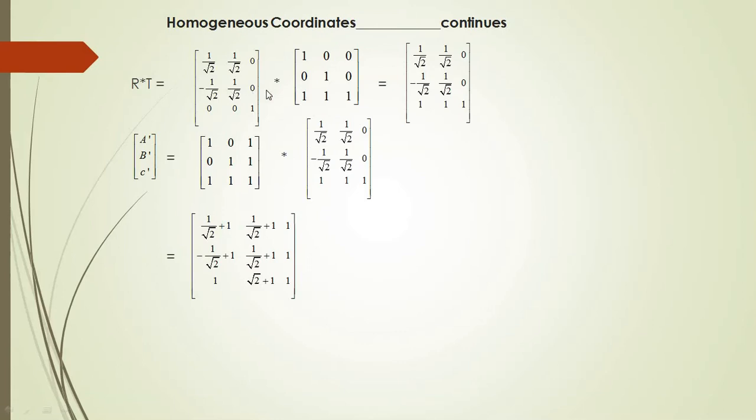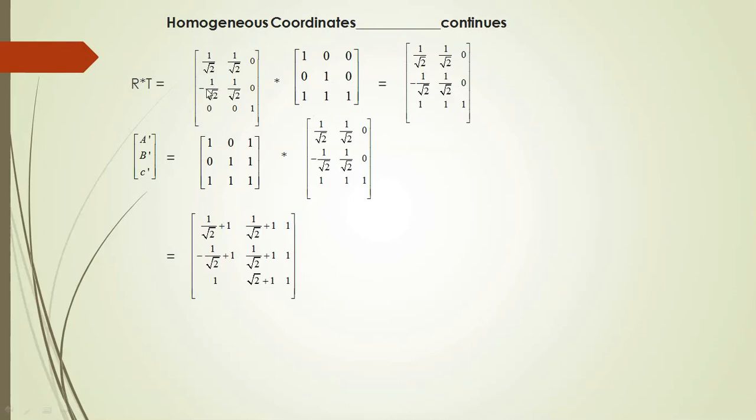Then this row is multiplied into the second column, that is minus 1 by root 2 into 0, plus 1 by root 2 into 1 by root 2 plus 0 into 1 is equal to 0. So the answer is 1 by root 2.